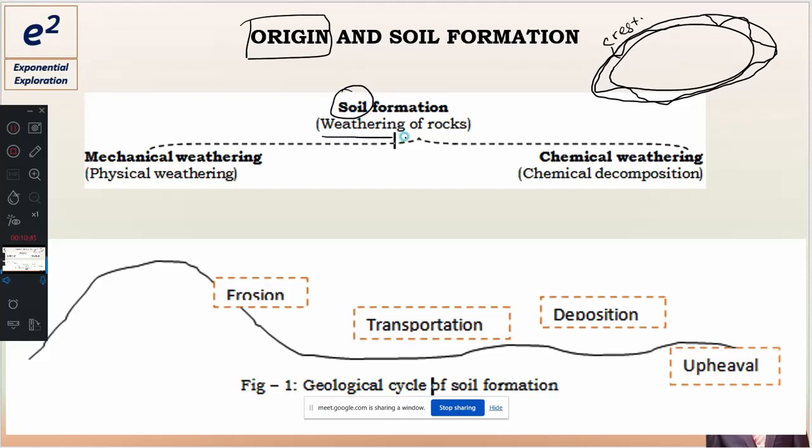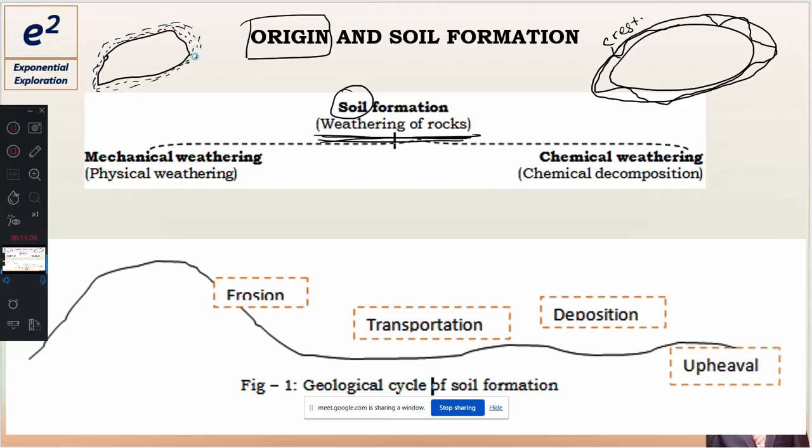We have one philosophy, that is weathering of rocks. Weathering of rocks means thousands or lakhs of years before, the rock was like this, and the topmost layer of the rock started weathering. Weathering means it is getting powdered. This top layer is getting powdered, and this powdered material is called soil.